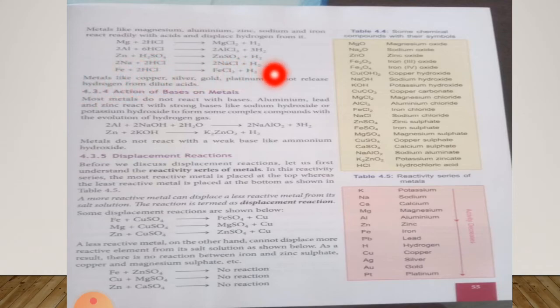Now here you can see table 4.4, some chemical compounds with their symbols.